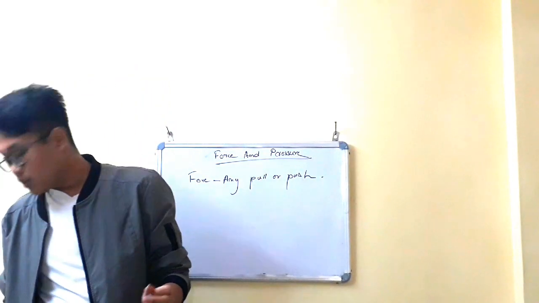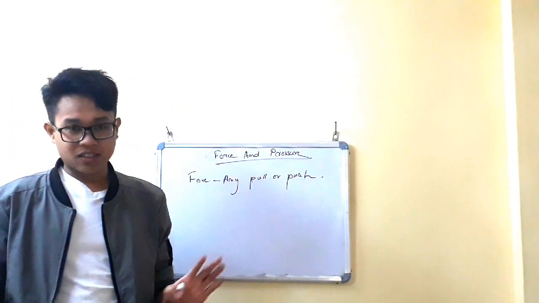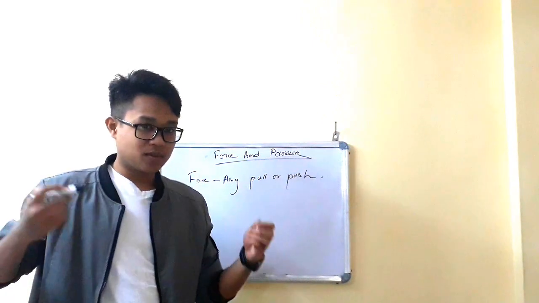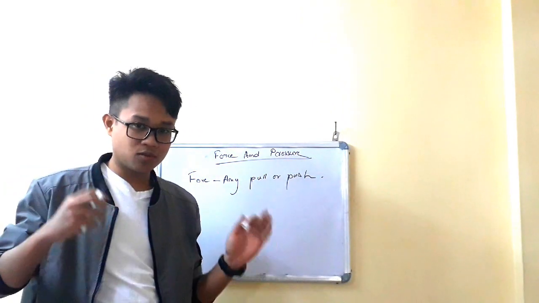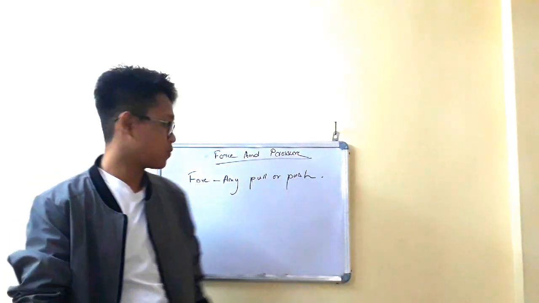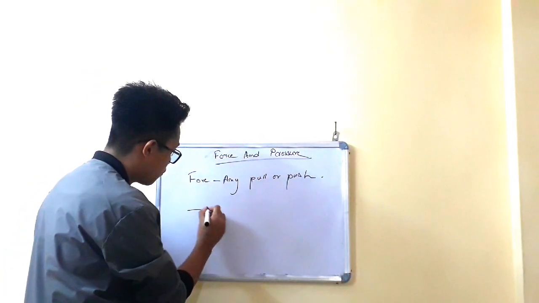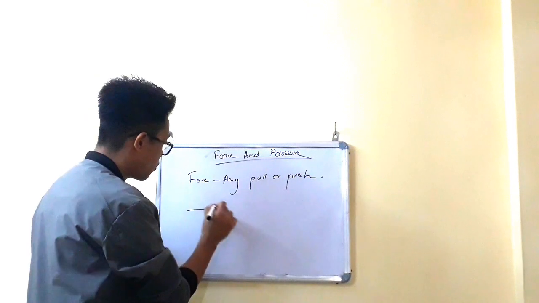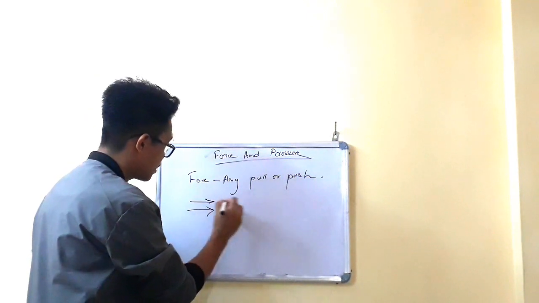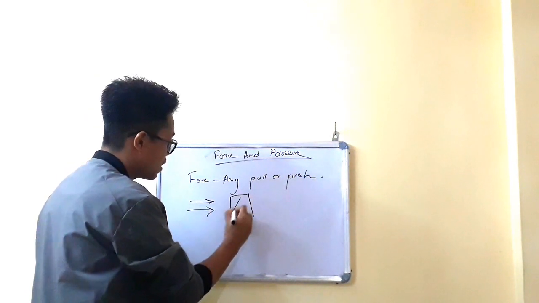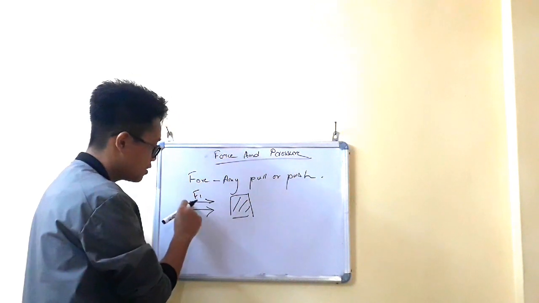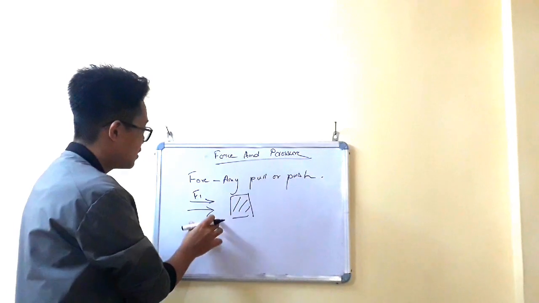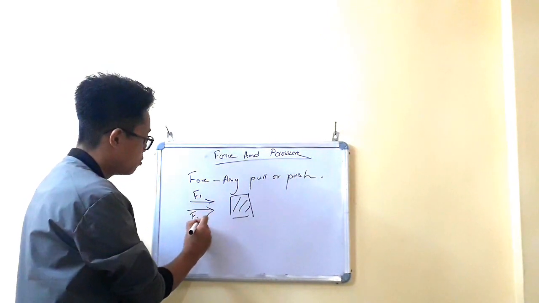Under force there are many things that come. If the forces we apply are in the same direction, like I'm applying one force and another force in the same direction on an object, let's name them F1 and F2.